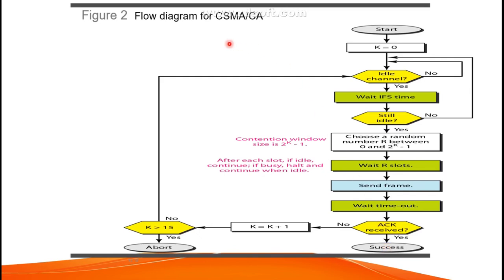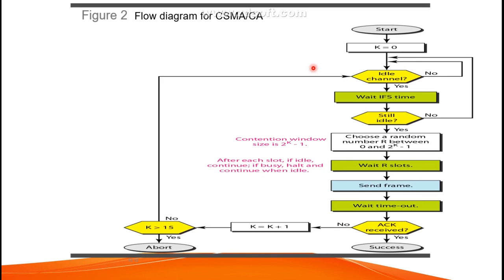So I hope, guys, you understood CSMA CA and you got the difference between CSMA CD and CSMA CA. It is the most important from your examination point of view, because either CSMA CA or CSMA CD could be asked.